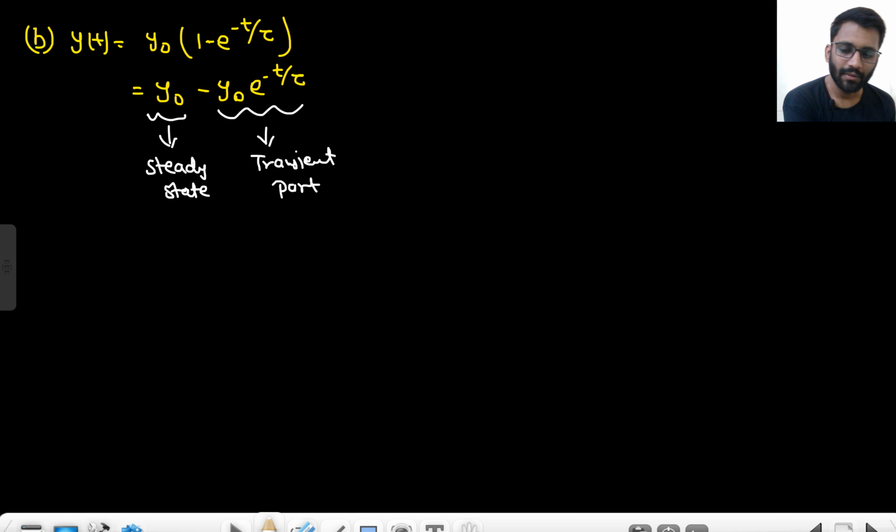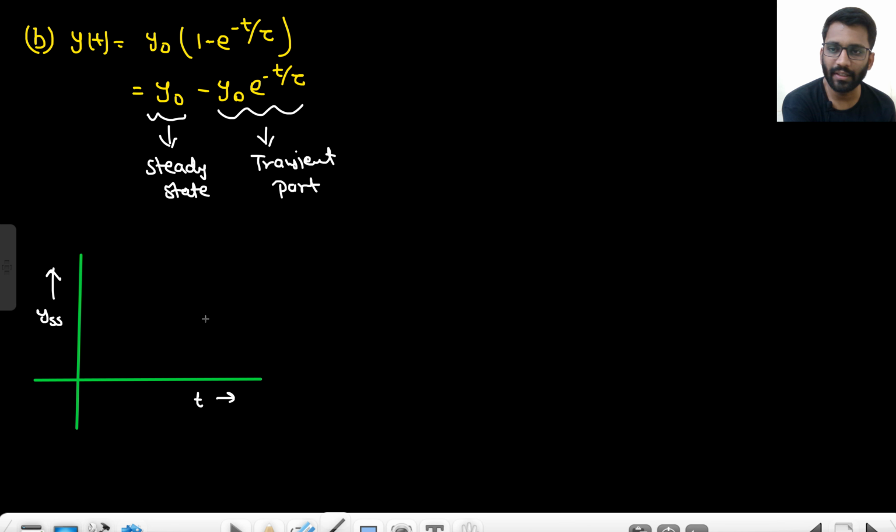So I will make both of the graphs now. This is my steady state. What is my steady state? That is simply y naught. Plus I will add the transient part.